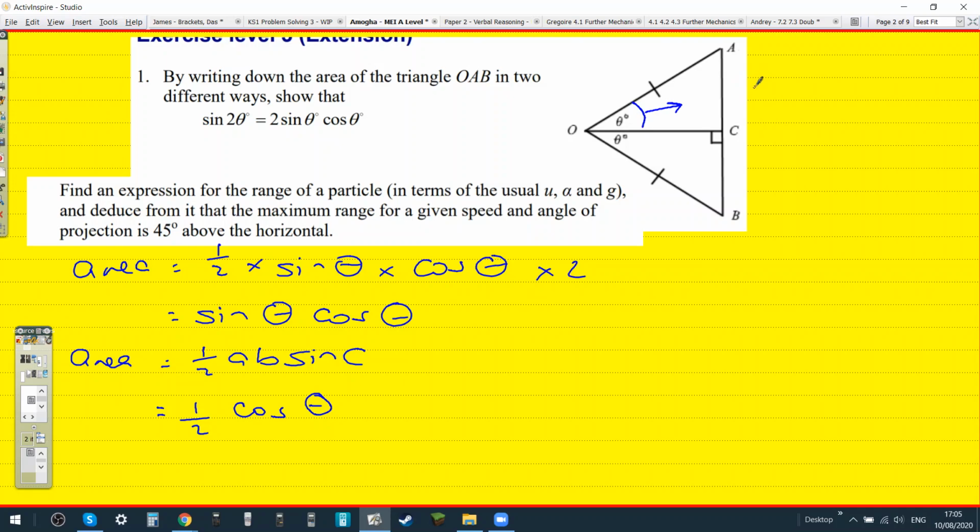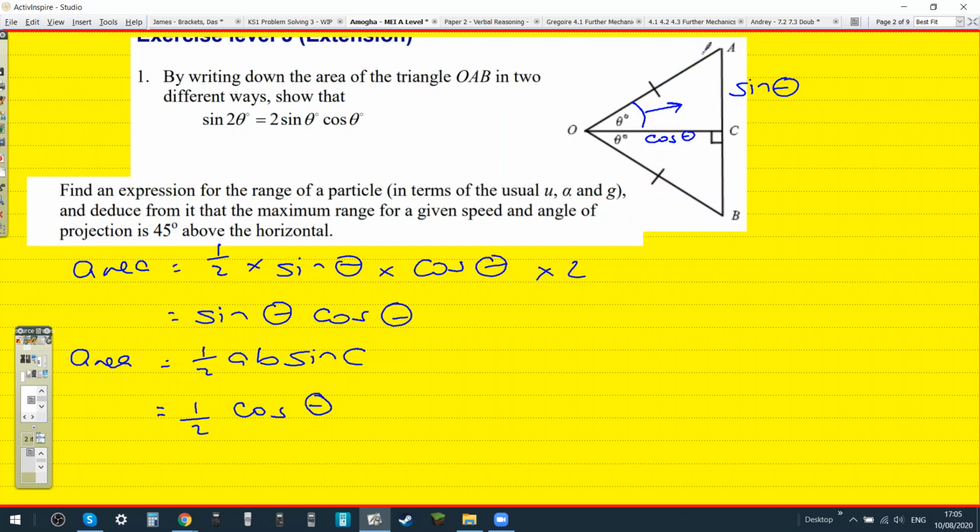What is AC? Cos theta, no, sine theta. That's sine theta. And the height? Cos theta. So this is cos theta. A half AB sine C is two sides and the angle between them.